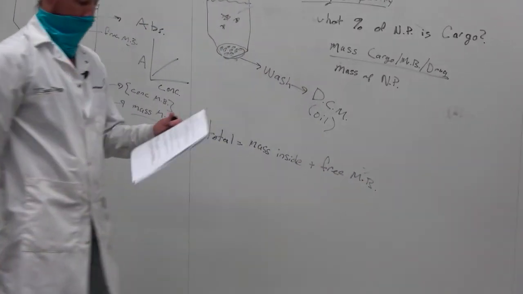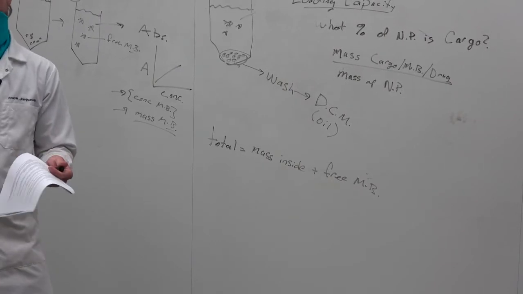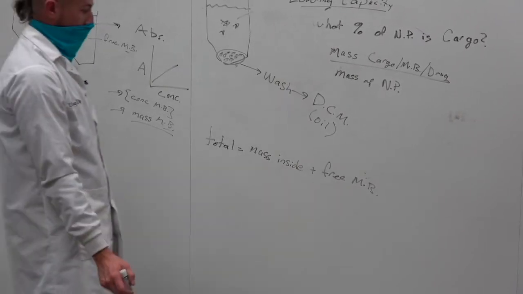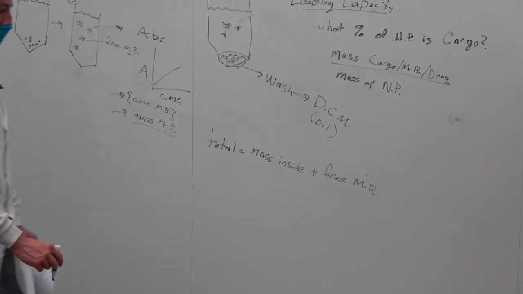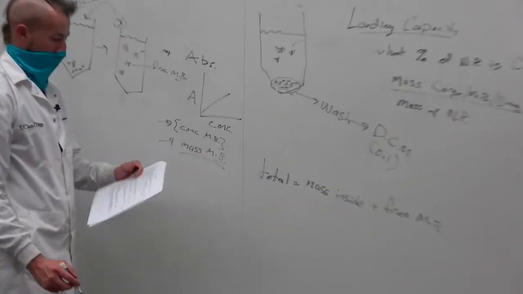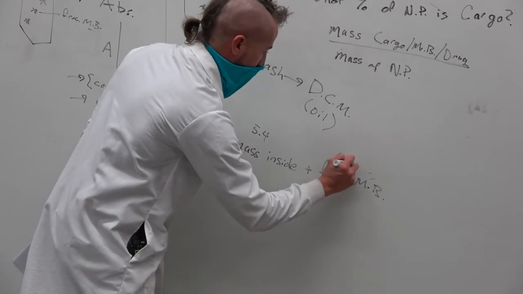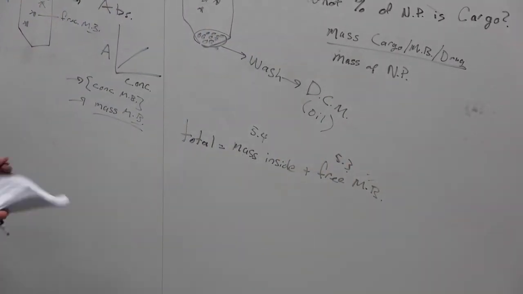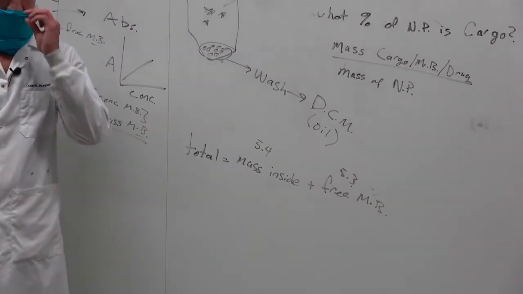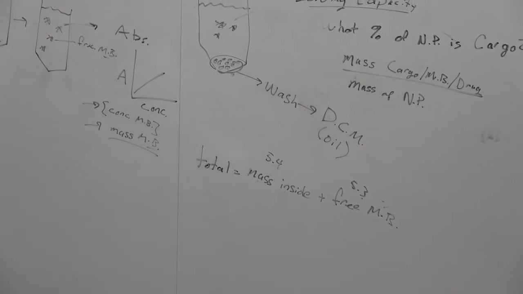So the free methylene blue you calculated in section 5.3, right? Here, the mass inside, this is what you're calculating in section 5.4. So ideally, those should add up to what you started with. So that's a good discussion question.